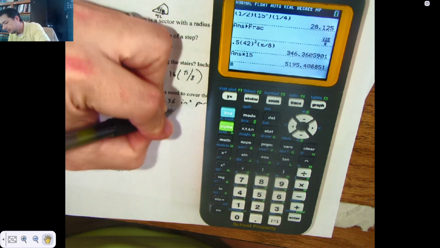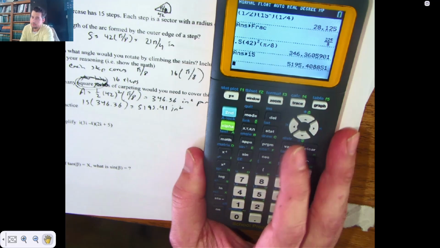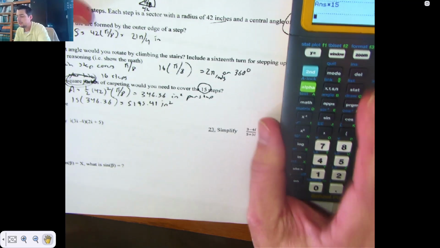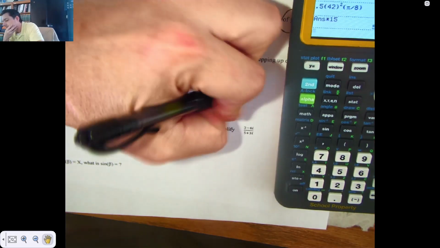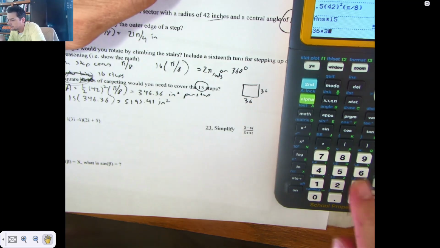5,195.41 square inches. And I'm going to change this to square yards, because that's how you buy carpet. Usually you buy carpet by the square yard. A square yard is 36 by 36, 1,296 square inches.